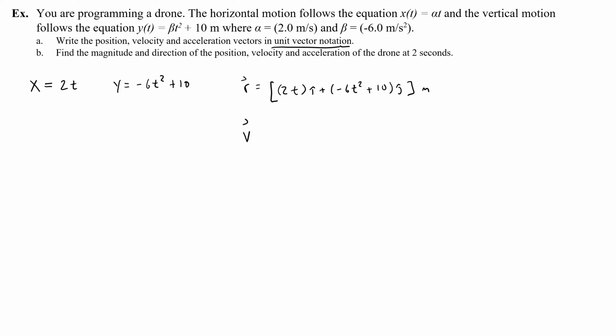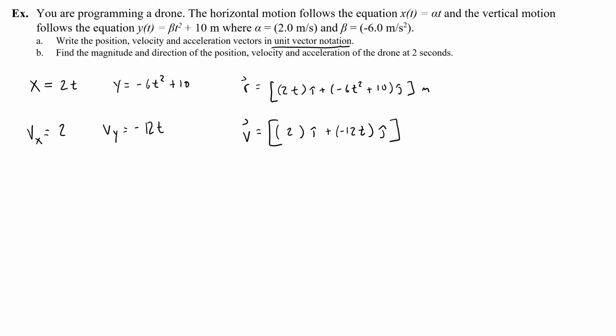The velocity is just going to be the derivative of the x and the y components, which if I write those over here, vx, that's just going to be 2, and then vy is going to be negative 12t. So this would be 2i plus negative 12t j.